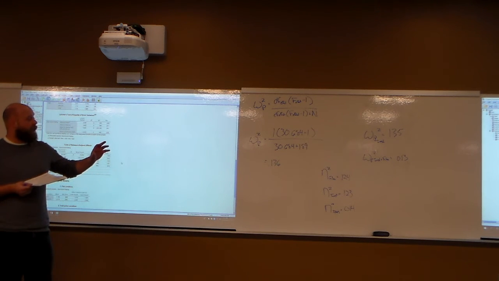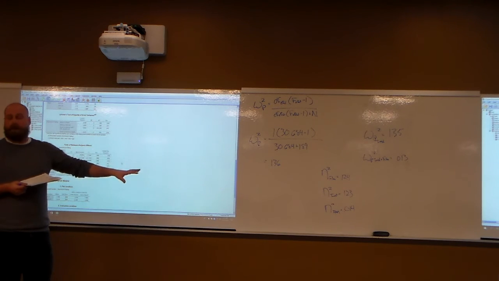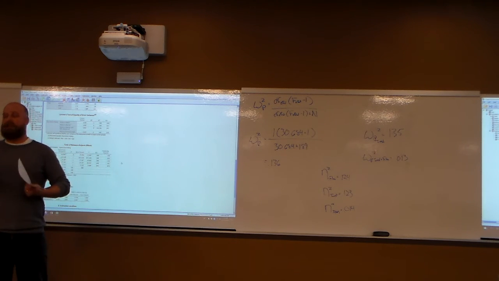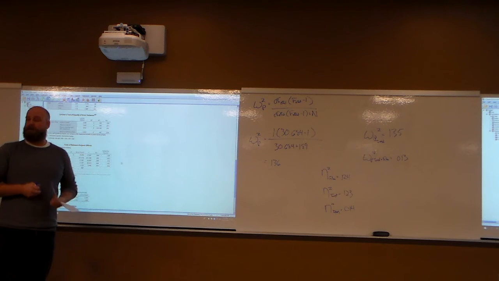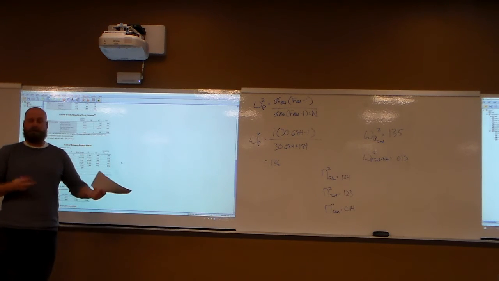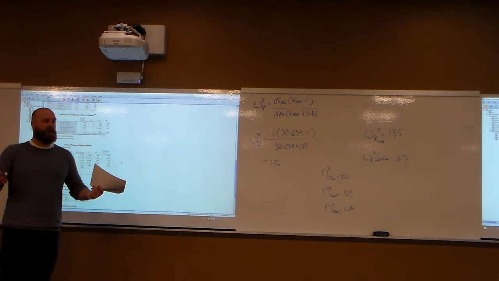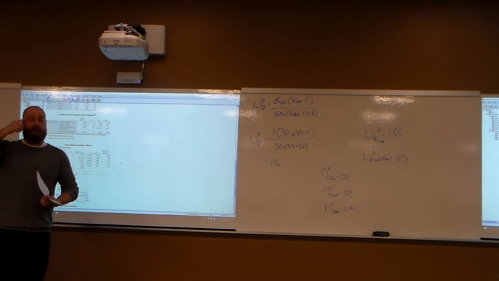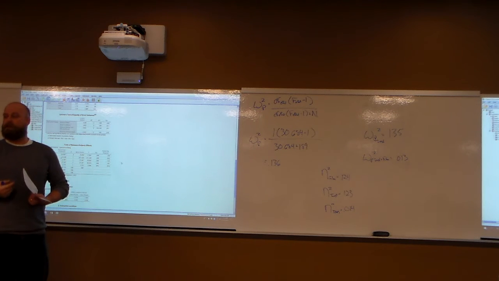And so eta squared is nice because it's easily interpretable, right? They say, oh, 12% of the total variability in some outcome is attributable to this thing. Makes some sense, right? But what ends up happening as we start to add additional factors into our design, what does eta squared do? It's smaller and smaller and smaller, right?